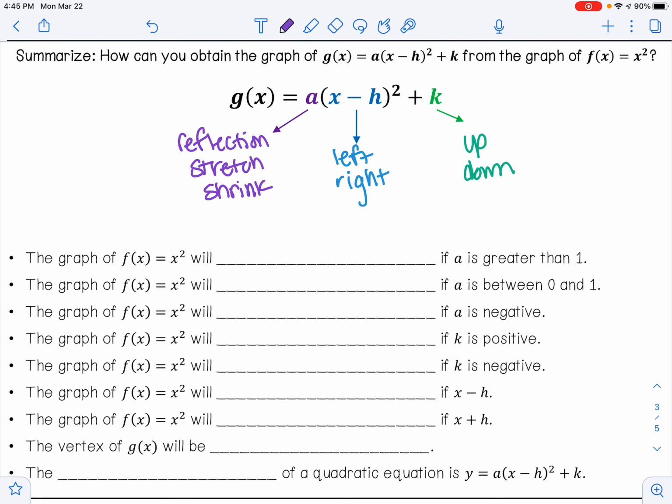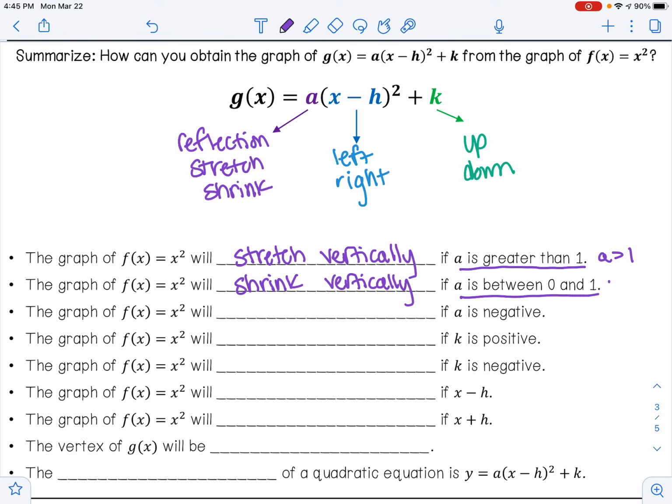So the graph of f of x equals x squared will stretch vertically if a is greater than 1. The graph of f of x equals x squared will shrink vertically if a is between 0 and 1.